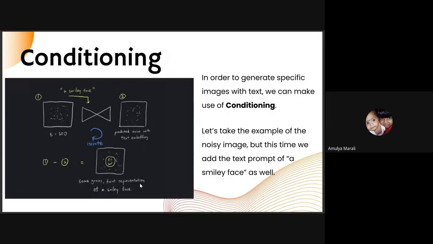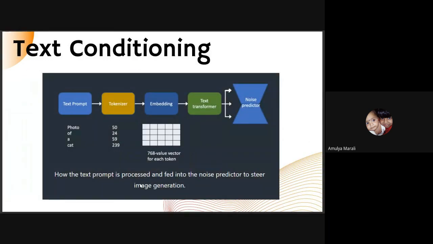So now coming to conditioning, that is the text prompts. Along with the text prompts, when you try doing this denoising, we call this conditioning, and we'll understand how it is done. So text conditioning, this is the whole architecture where you have text prompts, for example, photo of a cat. Then you have a tokenizer.